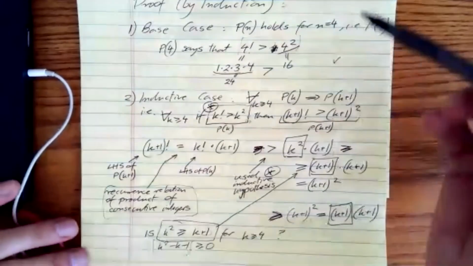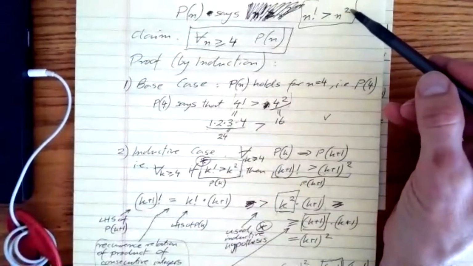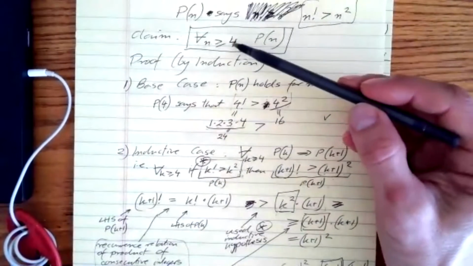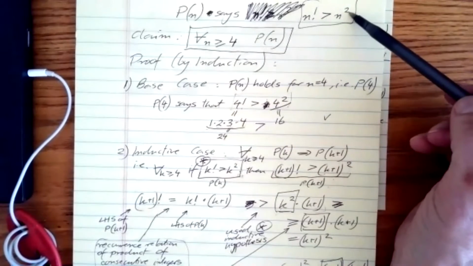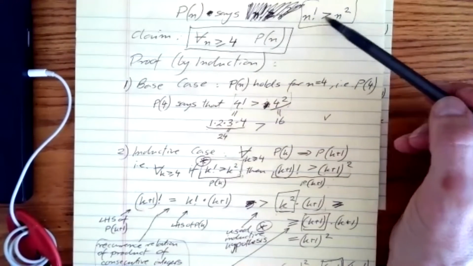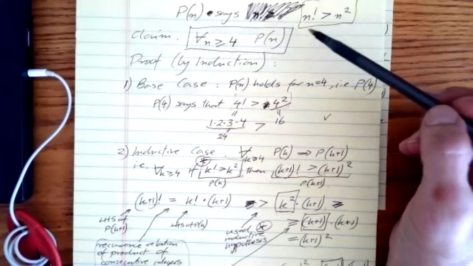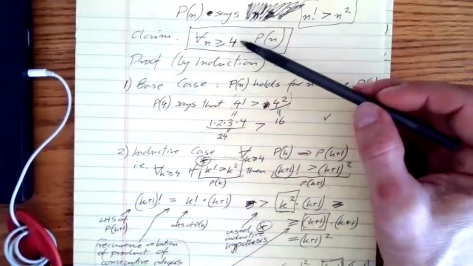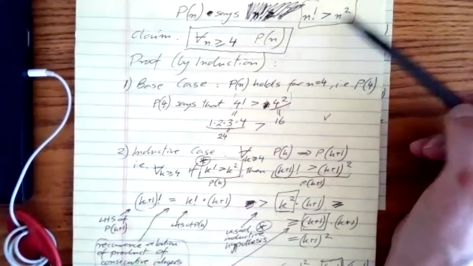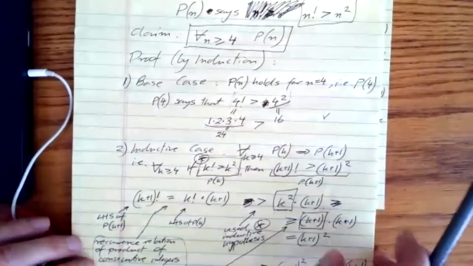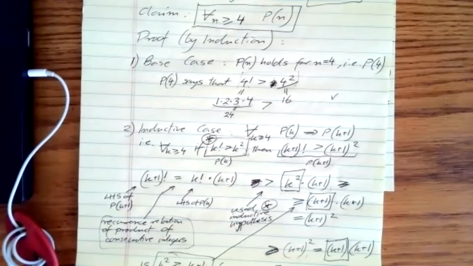It will actually also be true that the factorial is bounded below by n cubed if you start high enough, and also n to the 4th. So in fact, factorial is bounded below by any polynomial if you start high enough. So this function is growing faster than any polynomial, but we're just showing the simple thing that it is faster than a square.